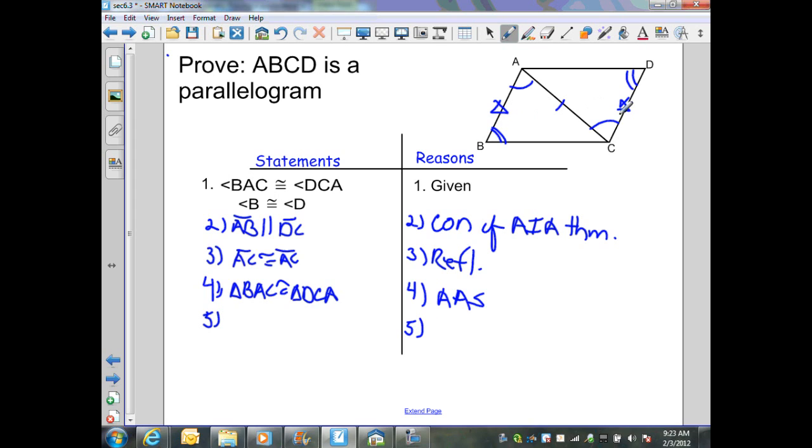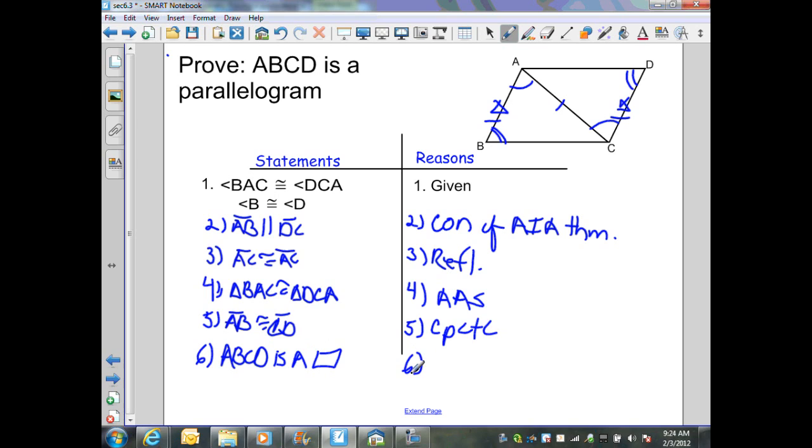Notice I already have one pair of opposite sides being parallel. I know a theorem that can help. If I can make these two segments congruent, which I can by CPCTC, so I'll state that, segment AB is congruent to segment CD by CPCTC, then I have that quadrilateral ABCD is a parallelogram.